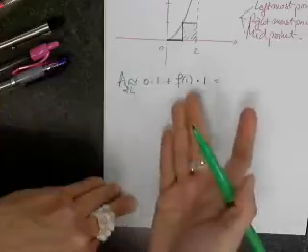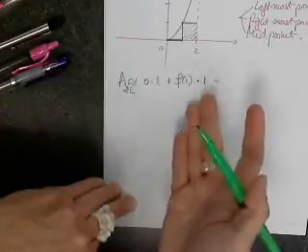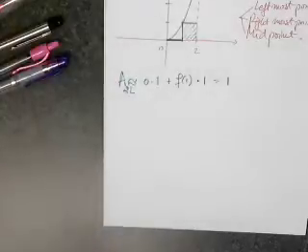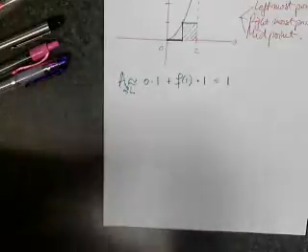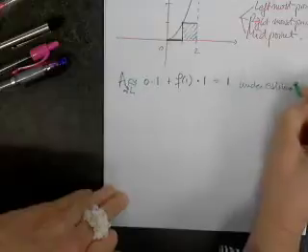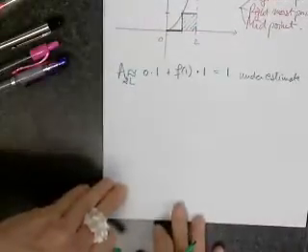So this is 0, f of 1 is 1, 1 times 1 is 1. Do you think that this area is underestimating or overestimating? Under. This is an underestimate. Very good.